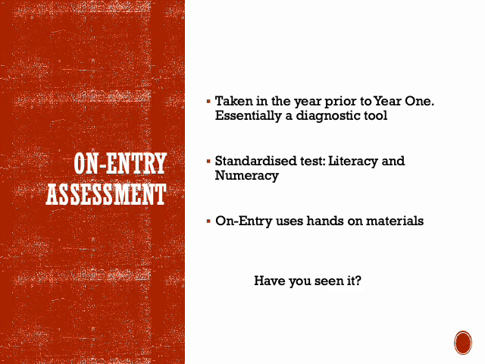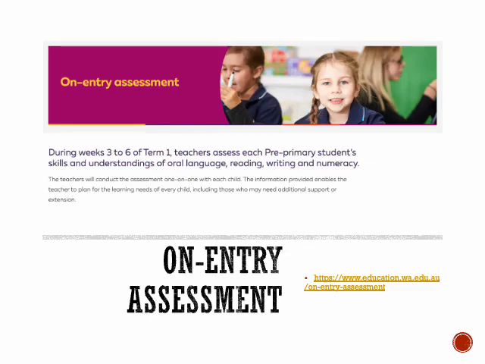It's a diagnostic tool. It looks at literacy and numeracy, and it uses lots of hands-on materials. So it's done online, the recording part, but you have materials that the children are working with as well. So it's done in weeks 3 to 6 of term 1 in pre-primary, and this is from the WA website.